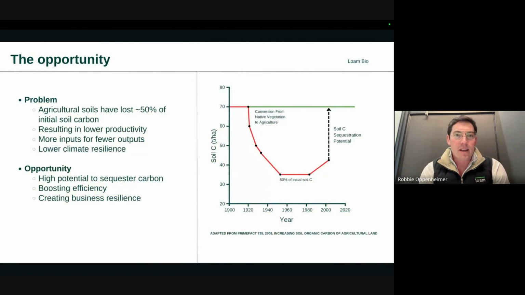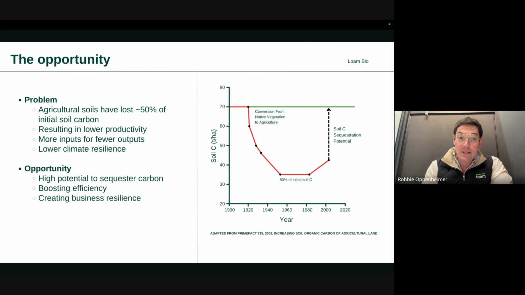So as I've said, the main problem here is that agricultural soils have lost carbon, resulting in lower productivity and the requirement for increasing inputs. And as we look forward over the next 20, 30 years, we know there's going to be increased variability in climate that we're already experiencing. And soils and having healthy soils plays a key role in that, by buffering against these external shocks. This also represents a massive opportunity.